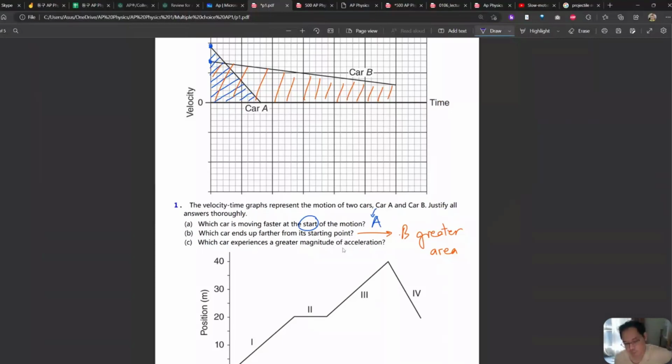How does it relate to the graph? It is the slope. Yes. The slope of the velocity time graph. So car A has a greater slope. Greater slope, okay, meaning the acceleration is greater.